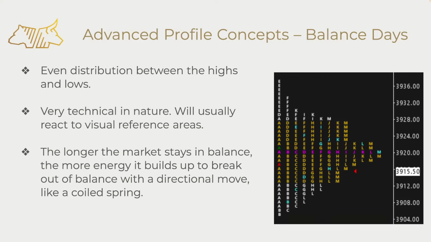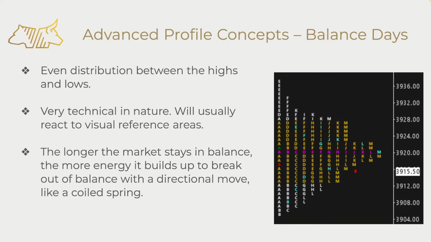Usually these days are rotational and are very technical in nature. A lot of times we'll find that there'll be nice, predictable reactions to very visual reference areas. Now, an interesting thing about balancing markets is that the longer a market stays in balance, meaning if you have multiple balance days back to back to back, the market's building up energy.